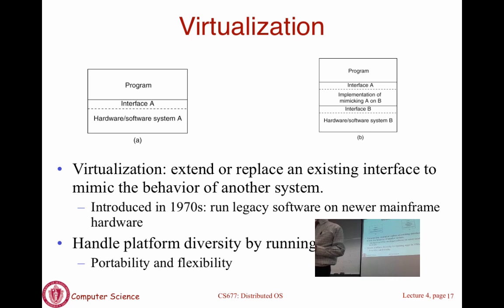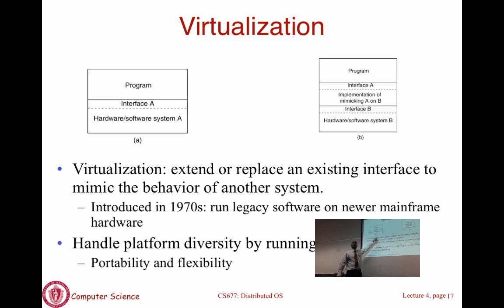Okay. So this is the history behind it. For a long time this was the only use of virtualization, and then in the late 90s, early 2000s, this technology became useful for lots of other things that you are probably seeing today, which we will talk about.